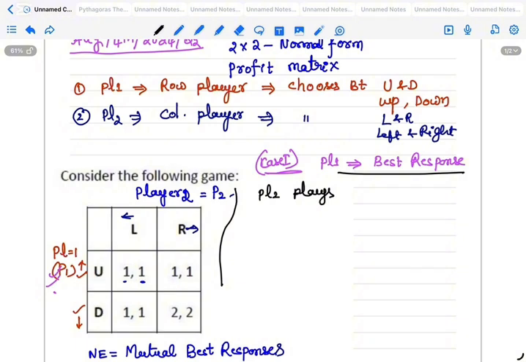For example, if player 2 plays L, the first condition, how does player 1 select up or down, U and D?